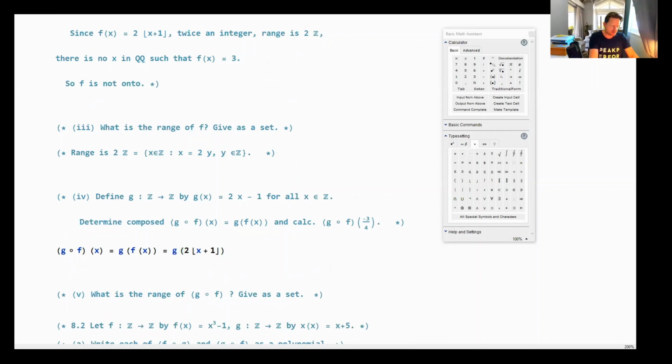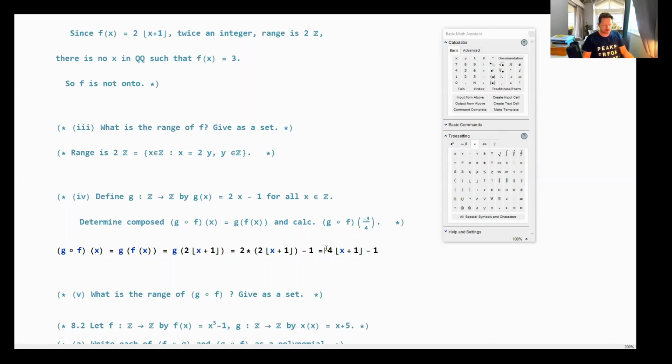So the function says multiply by 2 and then subtract 1. So it's 2 times, in brackets, something minus 1, but that something comes from the inside here. So we take it and we sub it in there. Okay, now simplify, and we have 4 times the floor of x plus 1 and then minus 1.